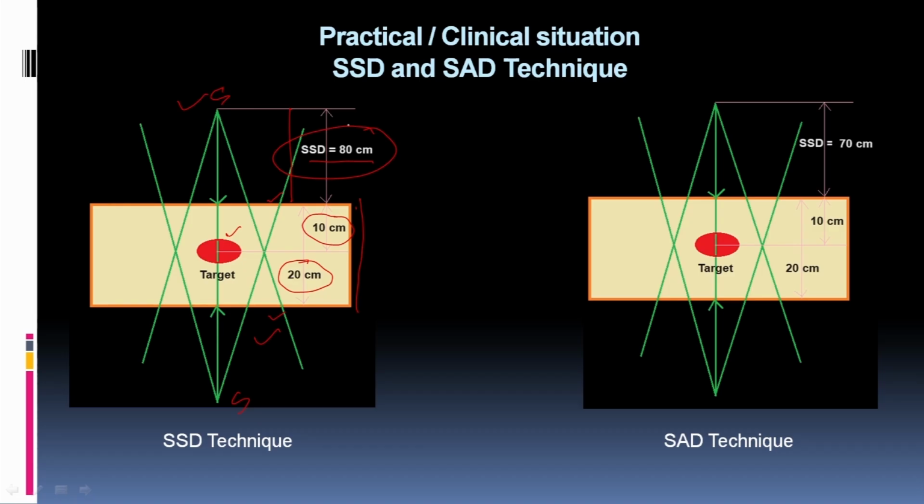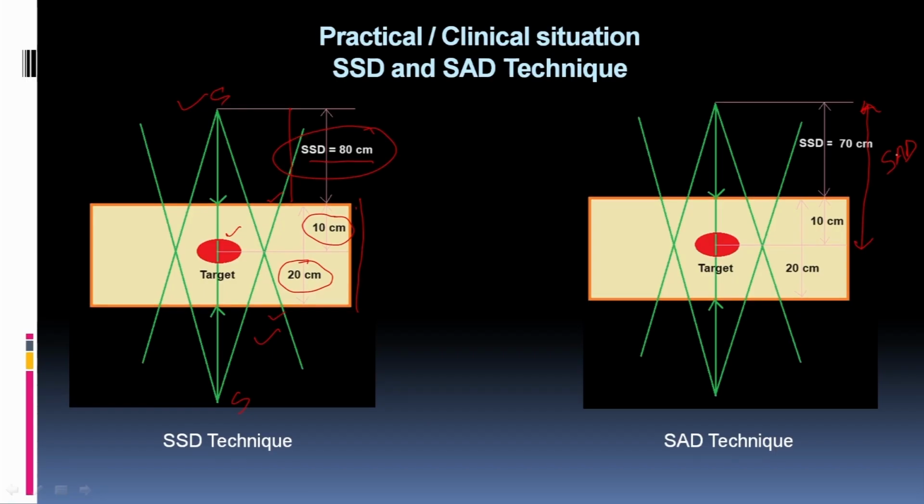Now, for the source to axis distance, SAD technique, this distance is 80 centimeter. What is the axis? It is the source to axis distance, or you can call it the source to isocenter distance.